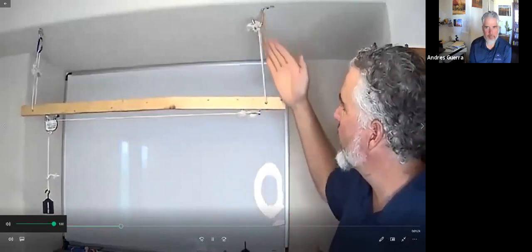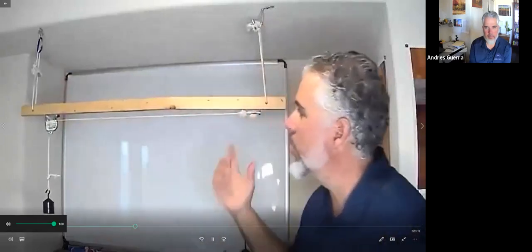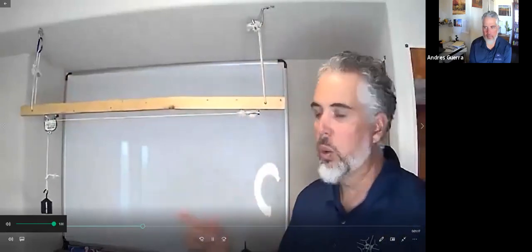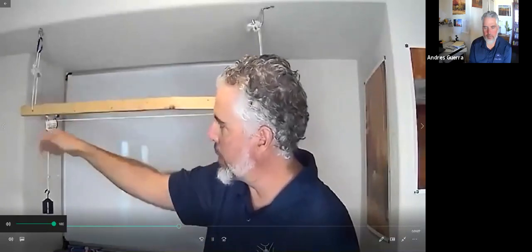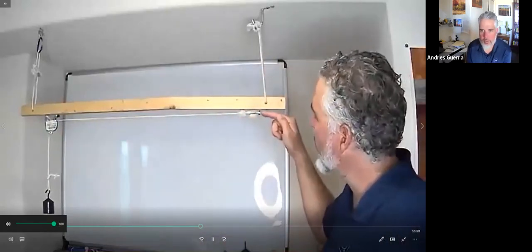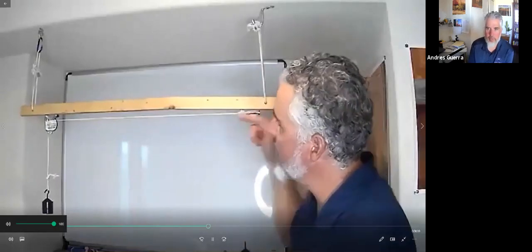Now, my support ropes right here and also right here are mostly hanging vertical, even though we know that right here there's this pulley, there's a horizontal force acting on this board, right? This pulley, if we transfer the forces from this pulley onto this board, there would be a force going down and there would be a force going back to the right. Well, there's also a force right here acting on this board going back to the left.